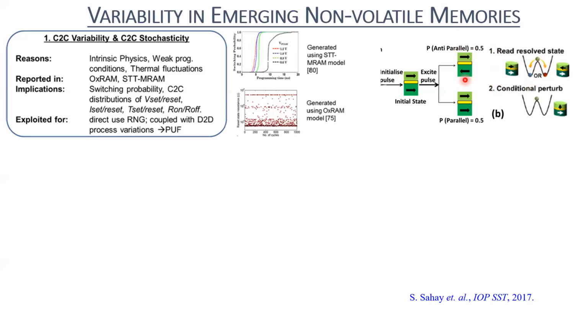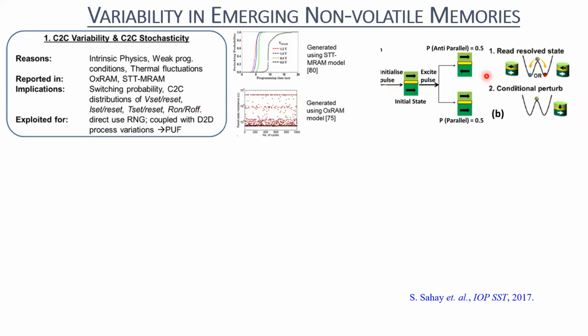So if you can somehow excite these free layer electrons to reach this state, then depending upon thermal fluctuations, or the energy gained via thermal collisions, they can reach this state or that state. So this is highly probabilistic. That is how you can achieve probabilistic switching in your STT-MRAM, and that you can use for RNG, which is the general use. So that is something about this STT-MRAM.